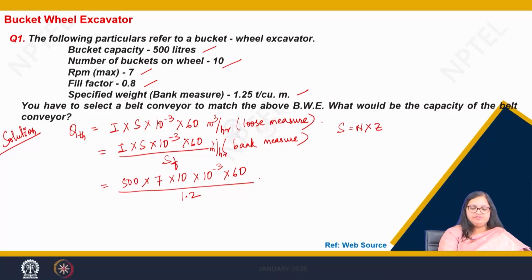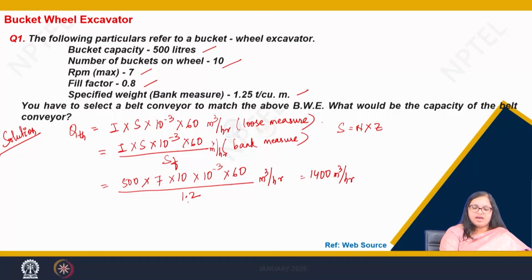So, that gives me something like 1400 meter cube per hour.